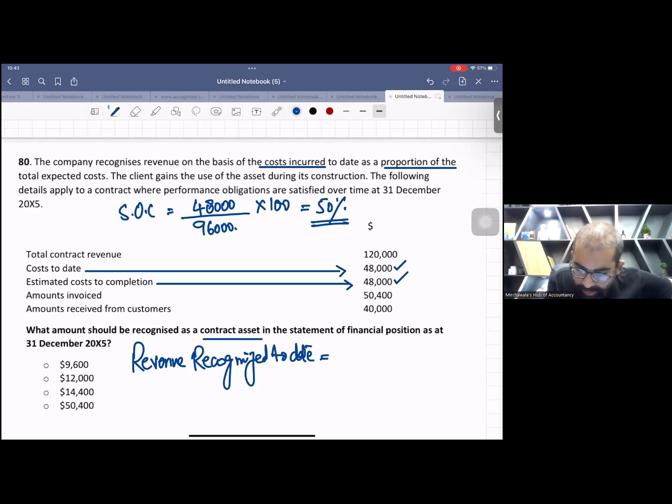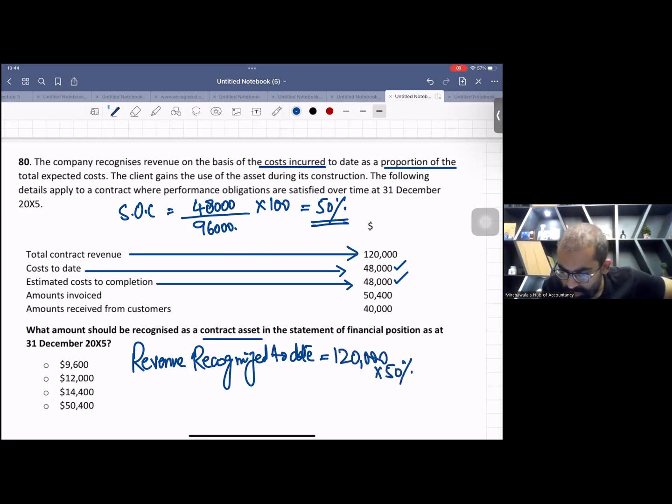Your total contract revenue multiplied by stage of completion, which is 50%. This is your revenue recognized to date. This is how we used to make the P&L, if you remember this from the income statement.